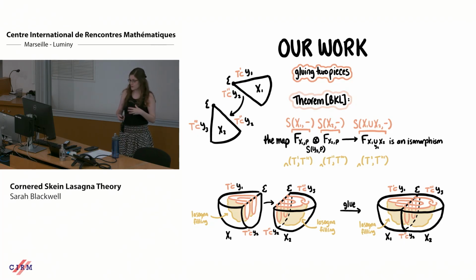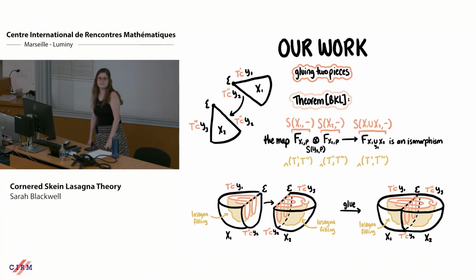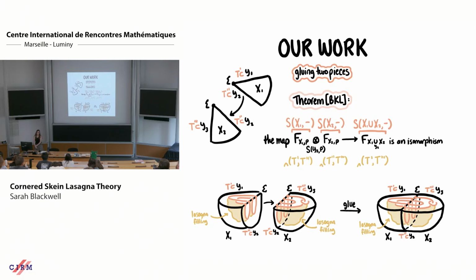But in order to figure out how to get there from building a trisection, we define this new thing on these cornered pieces so that we can track through. Hopefully the result wouldn't depend on the trisection.